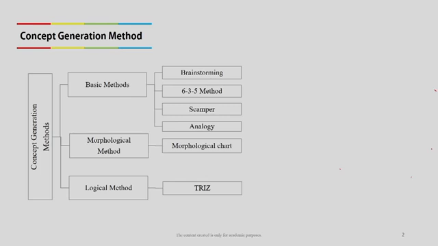There is a logical method where trees come under this. Here I will be discussing brainstorming, 6-5 method, SCAMPER, analogy and morphological chart. Trees will take a long time and it is not easy within this short video, so I will not discuss trees here.